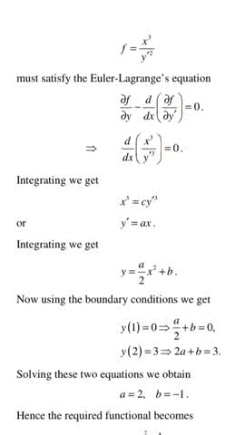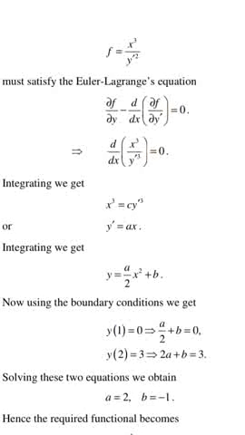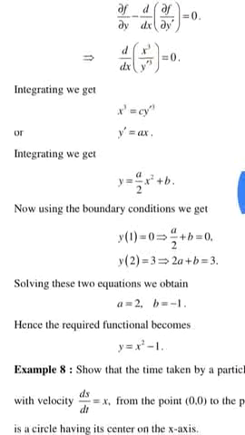Therefore, y dash is equal to 1 upon that constant times x, and that constant we call a. y dash is equal to ax. Therefore, y is equal to a by 2 x square plus b.